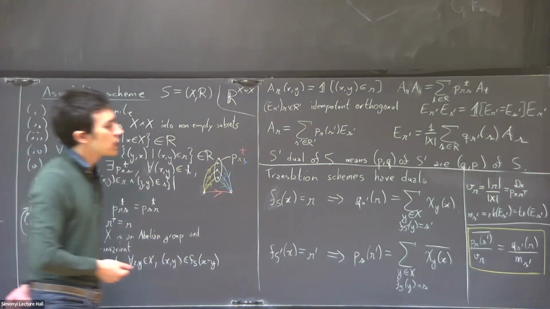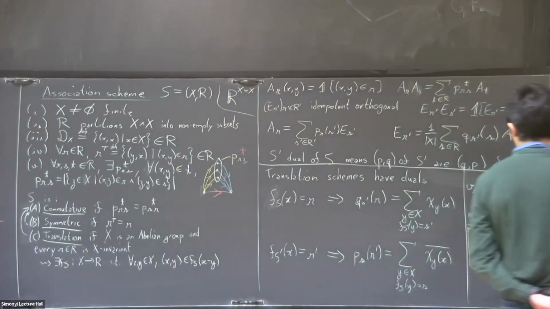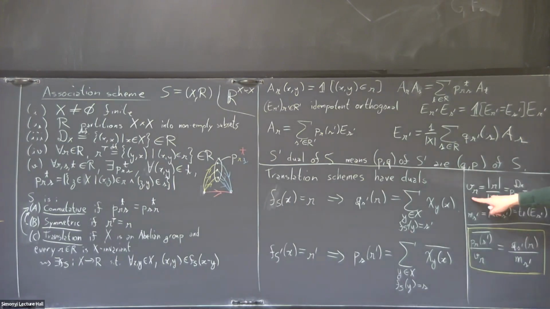So, some last definitions. We saw that the valency of R was defined as the size of R divided by X, which was also this intersection number. We also defined what was called the multiplicity, which is the dual notion of this, the rank of the E_S matrix. Now, I did not cover this last time, but I will just say a random fact.